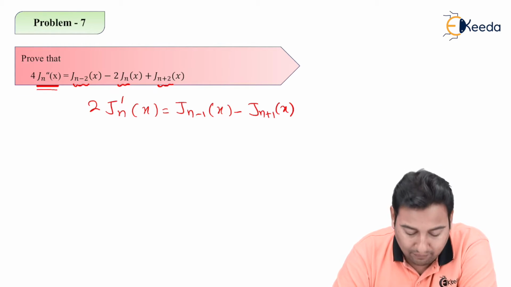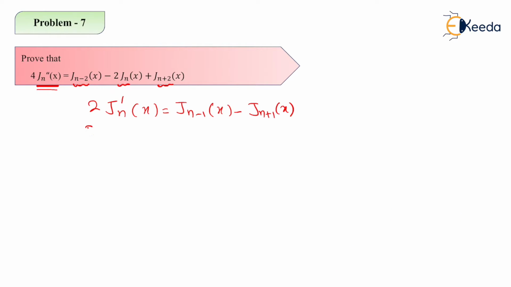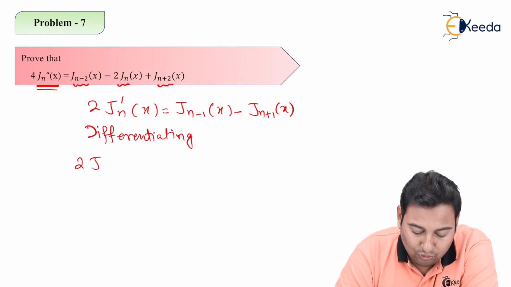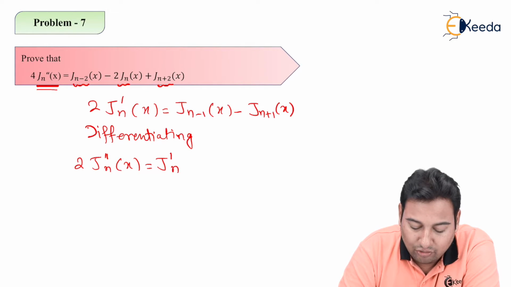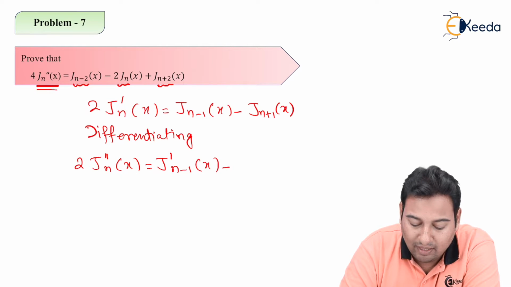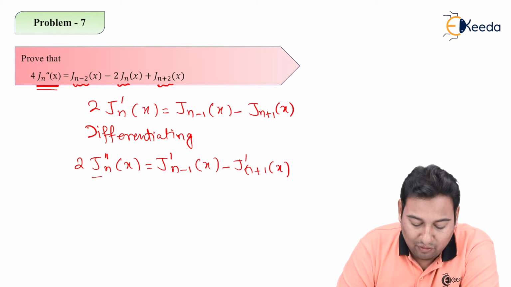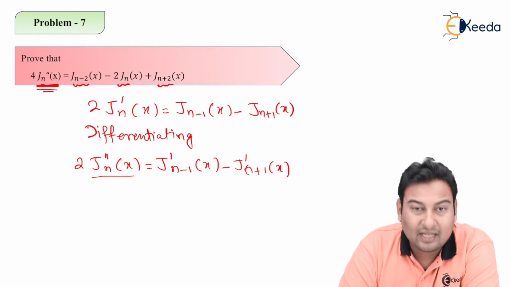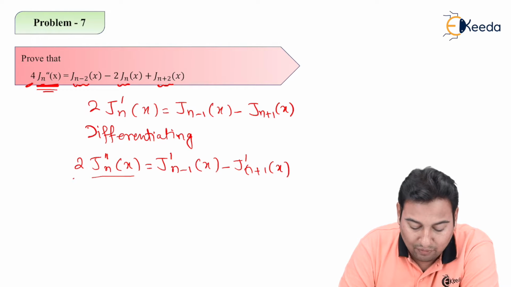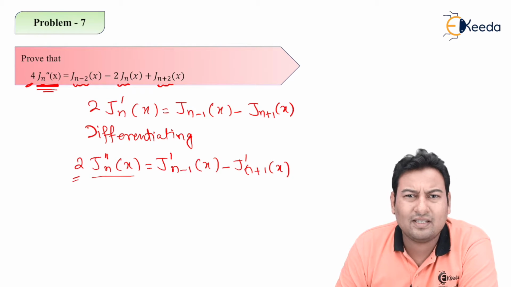If you differentiate, 2J double dash nx is equal to J dash of n minus 1 x minus J dash of n plus 1 x. See, we got J double dash that is asked in the problem. Obviously it is 4 and we got 2, so that is not a problem, that is easily manageable.